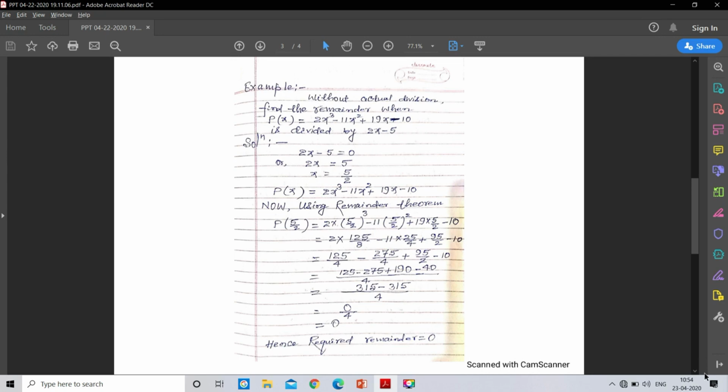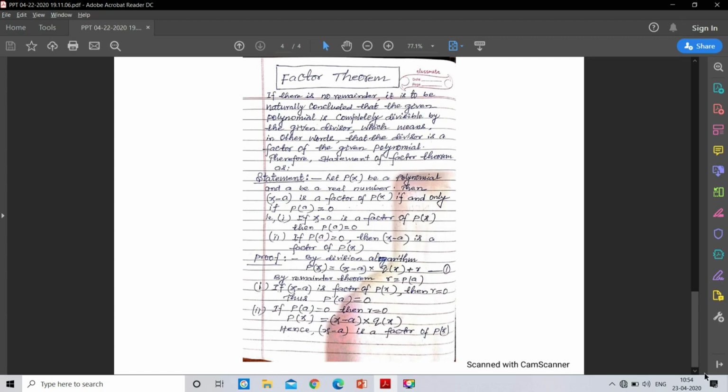By simplifying, we obtain that it is 0. Hence the required remainder will be 0.